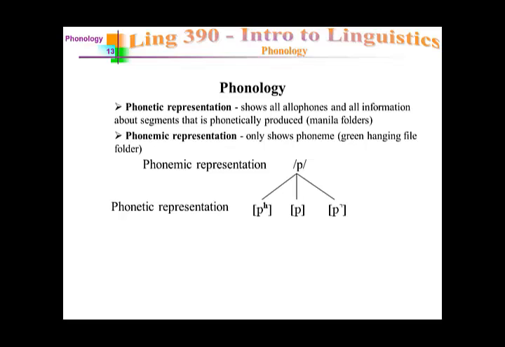And to get a sound that you actually produce, you always have to first open up the drawer, in other words, access your phonological system, then find the right green hanging folder, in other words, know that you'll have some kind of voiceless bilabial stop, and then figure out which manila folder to open up. How do you know which manila folder to open? You look at the sounds around the voiceless bilabial stop, and that environment tells you which one to open.